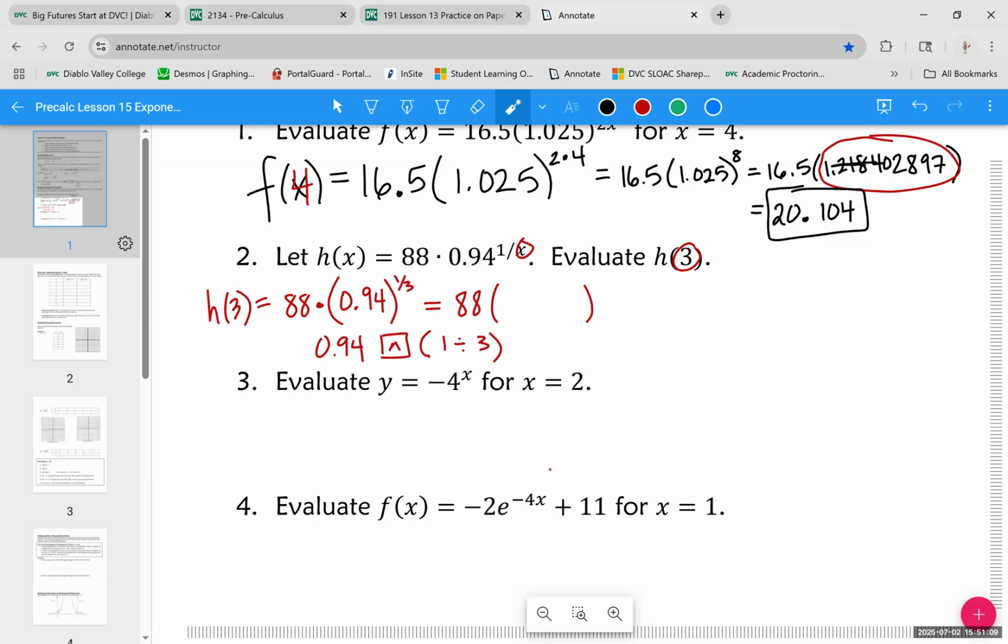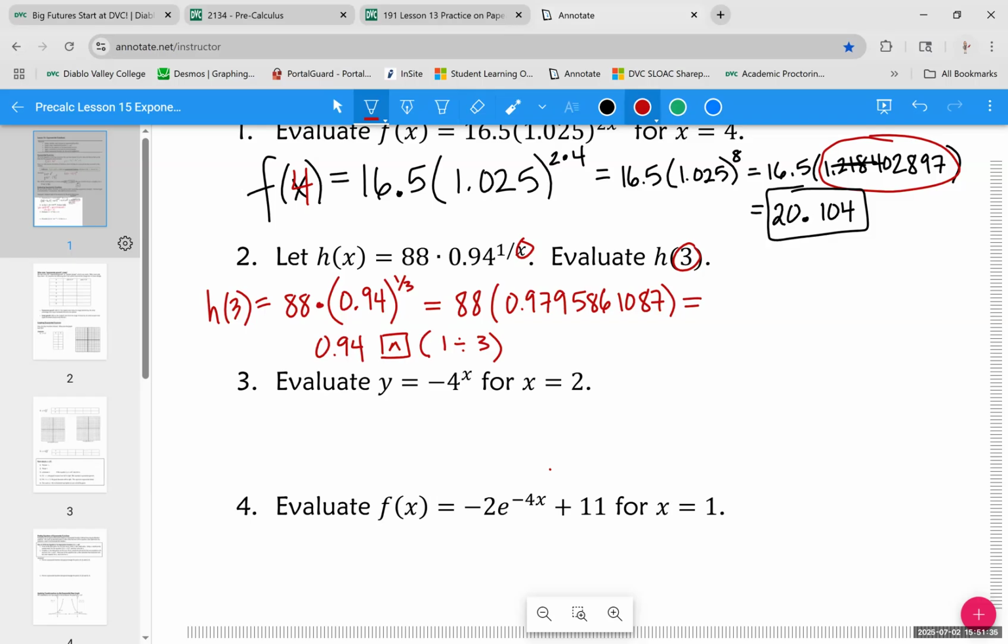I hit equals, I get this big long decimal, which again, I could put some of that here. I'm not actually going to generally use that. I'm just going to hit times in a second. 0.9795861087 and some change. But it doesn't really matter because I'm just going to go times 88.